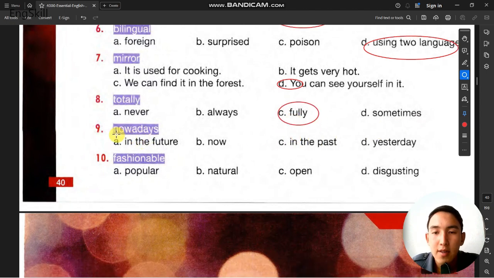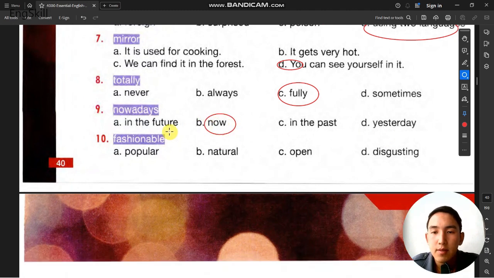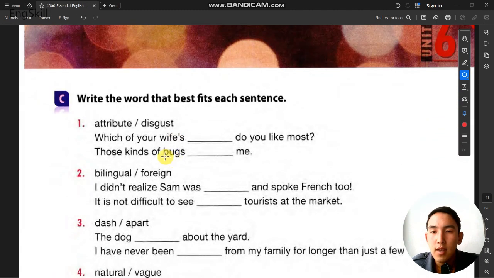Number 9, nowadays. In the future, now, in the past, yesterday. Nowadays means now. Number 10, fashionable. Popular, natural, open, disgusting. Fashionable means popular. Exercise C. Write the word that best fits each sentence.